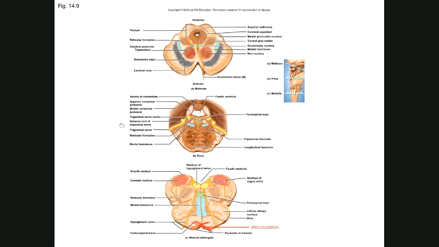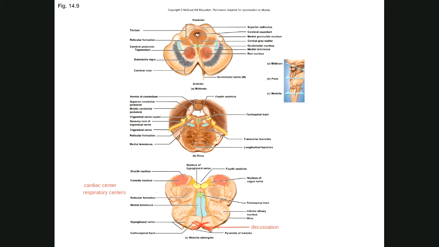Okay, let me type that down. Some of the things found in the medulla. Cardiac center. Okay, so that regulates your heart function. Another center that we find here in the medulla is that we also find respiratory centers that regulate your breathing rhythm and depth, right?